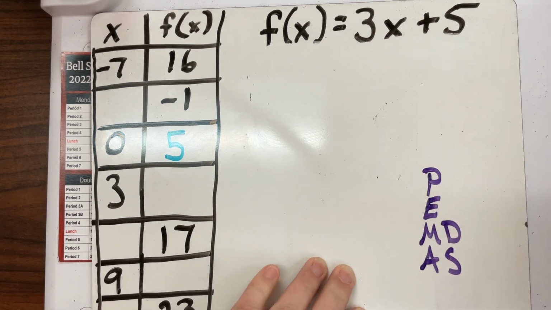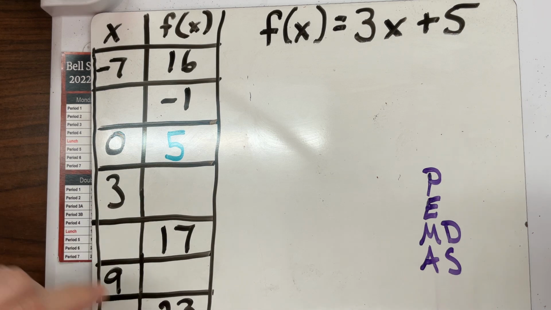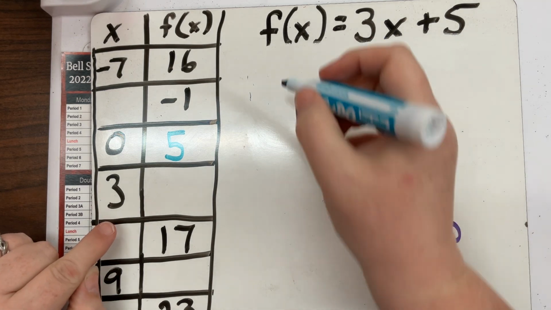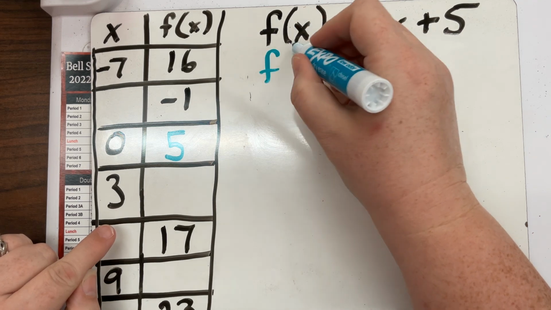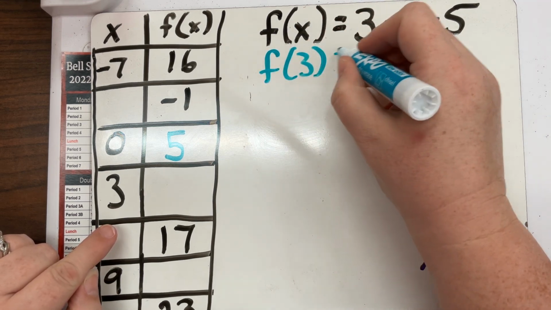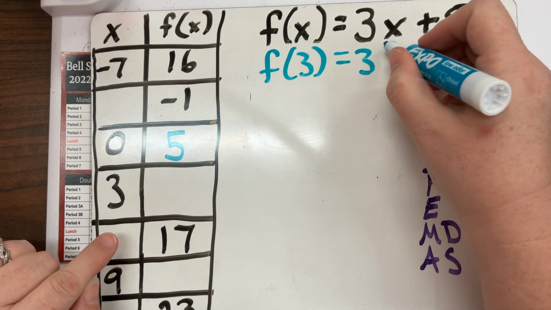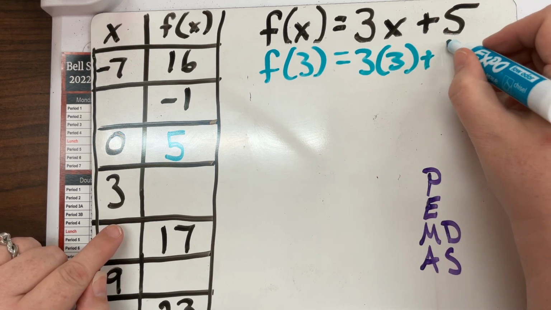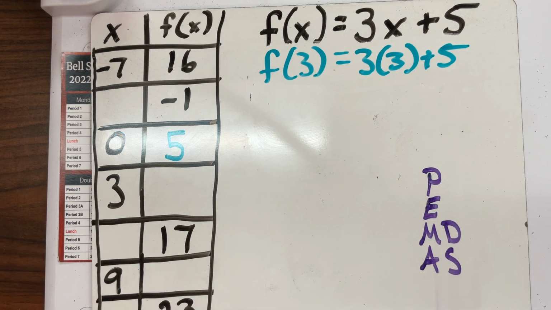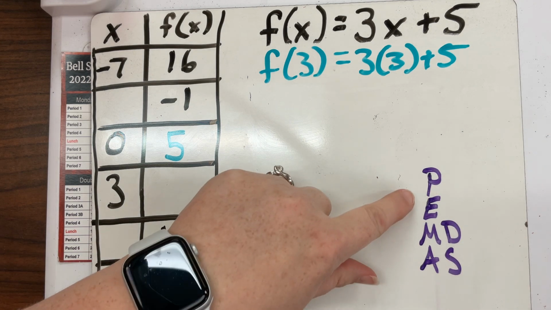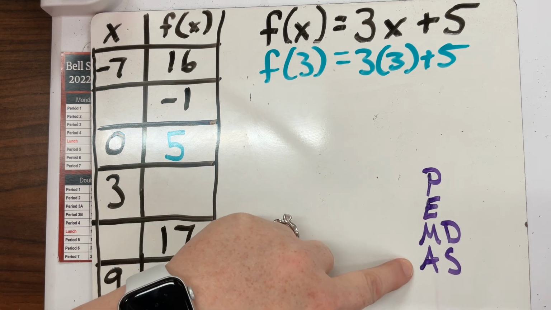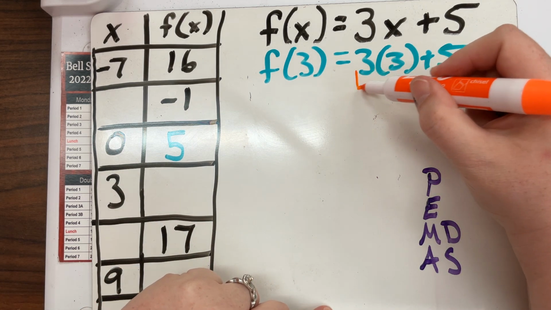Okay, let's try another one. This one is 3. Okay, so now I'm gonna substitute in this 3. So the function of 3 equals 3 times 3 plus 5. Okay, so now again, gonna use PEMDAS. Multiplication comes before addition, so I'm gonna multiply.